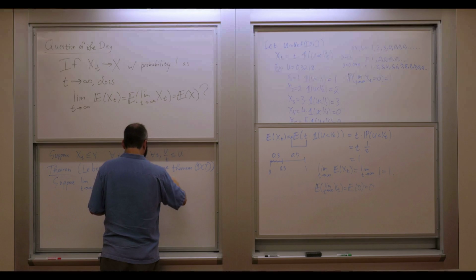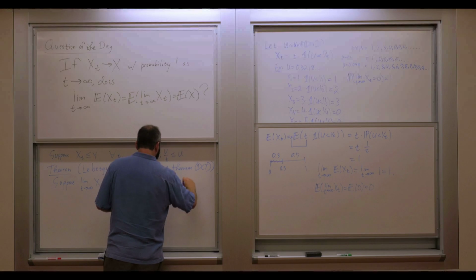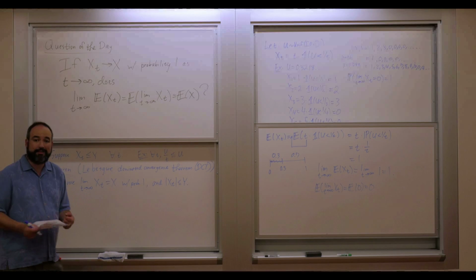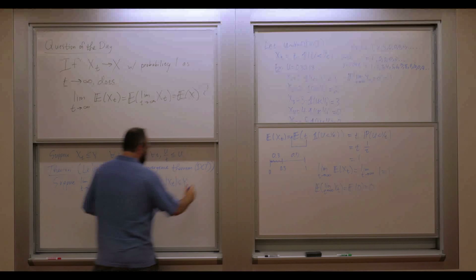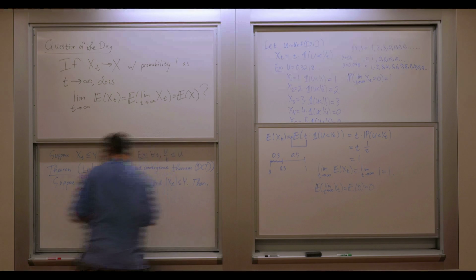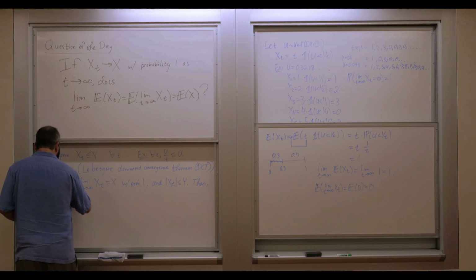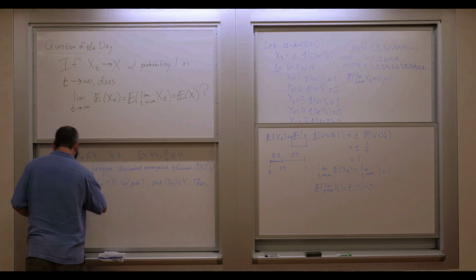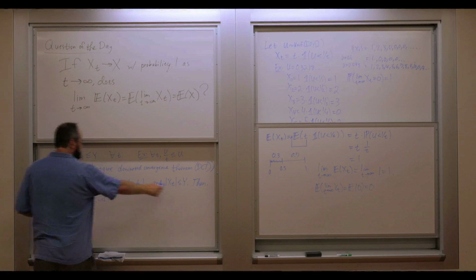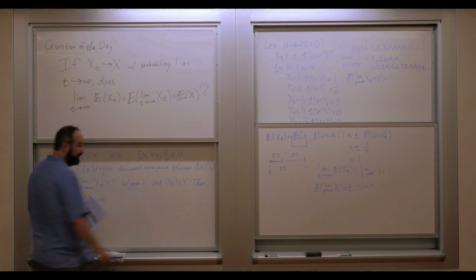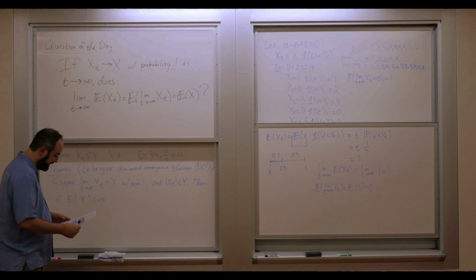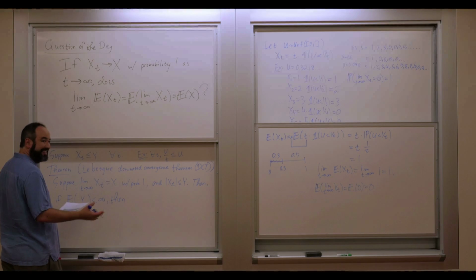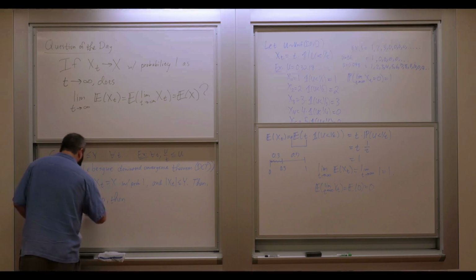And if we look at the absolute value of those random variables, each of those random variables in absolute value is dominated by y. Then, if y has finite expectation, y, because it's greater than or equal to the absolute value of something, we know it has to be a non-negative random variable, then you can bring limits in and out of expectations.